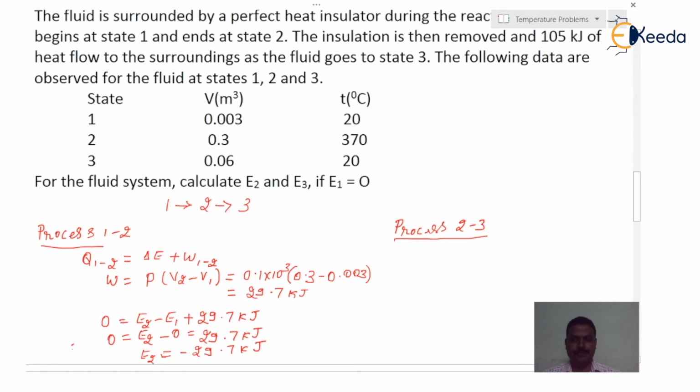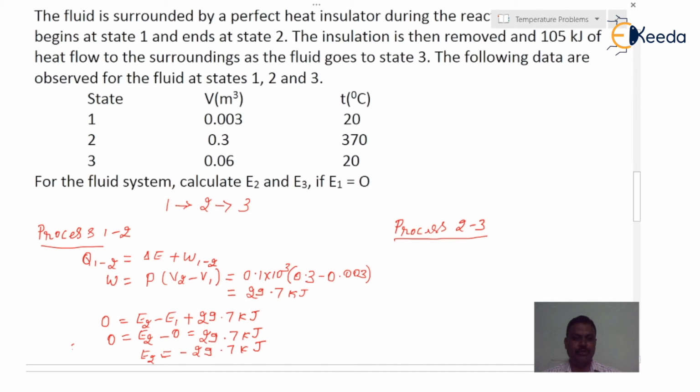Heat flows to the surroundings when the fluid goes to state 3, and there will be a change in volume from 0.3 meter cube to 0.06 meter cube. Then there will be compression. Compression of the gas means reduced volume.